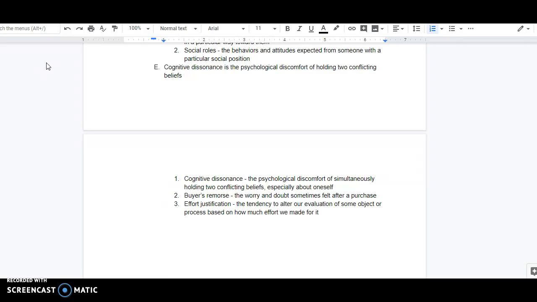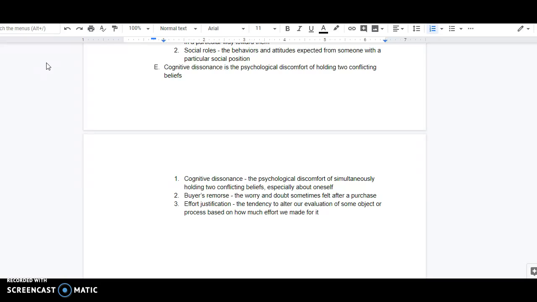This isn't even just seen in moral dilemmas, this is also seen in purchasing something. We experience buyer's remorse, which is the worry and doubt sometimes felt after a purchase. Buyer's remorse can be made worse if we learn new facts or hear more opinions from other people afterward.